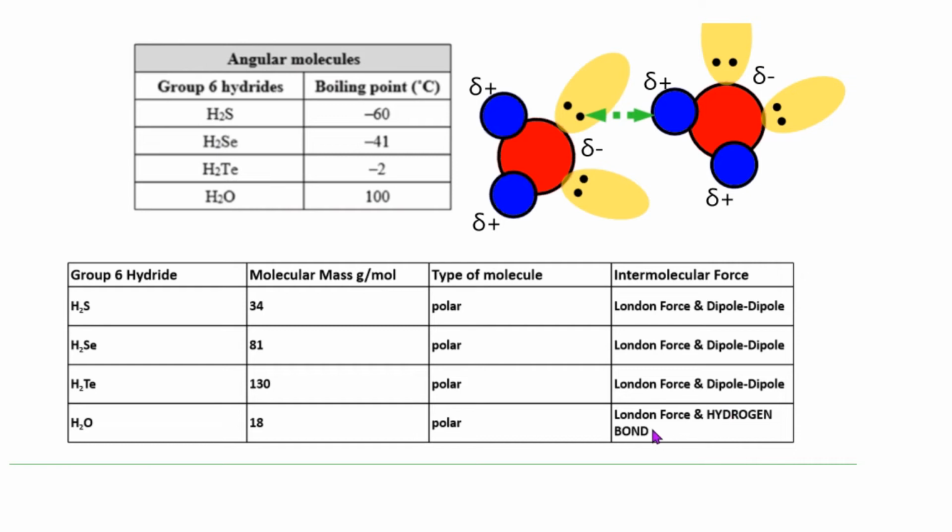And the hydrogen bond is much stronger than a regular dipole-dipole. So it requires way more energy to overcome the hydrogen bond, and therefore the boiling point is 100 degrees Celsius, much higher than expected.